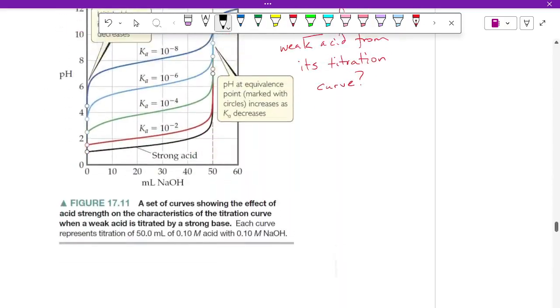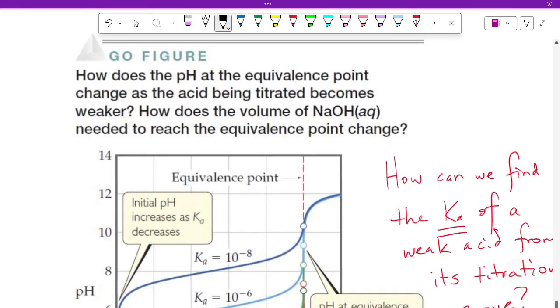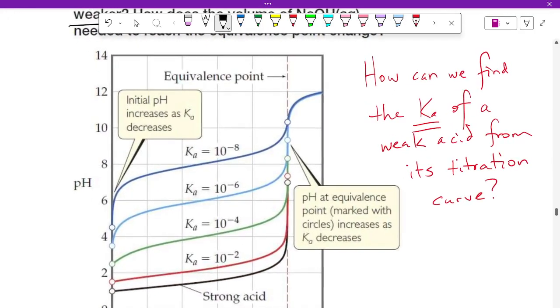All right. How does the pH at the equivalence point change as the acid becomes weaker? So these are a bunch of different acids, each with different Ka values. We have 10 to the negative 2, 10 to the negative 4, 10 to the negative 6, 10 to the negative 8.